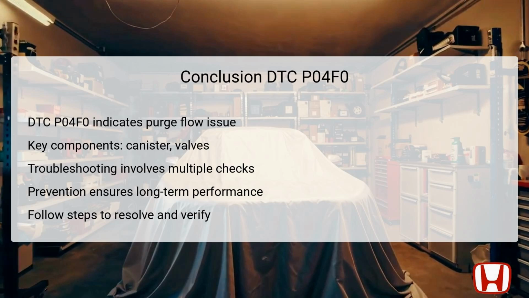Each step taken can lead to identifying and fixing the root issue, ensuring that the DTC is cleared and the vehicle operates efficiently. Furthermore, regular preventive maintenance plays a crucial role in maintaining the integrity of the EVAP system and preventing future occurrences of similar issues. Always adhere to the diagnostic procedures and verify repairs through thorough testing for optimal vehicle performance and compliance with emission standards.